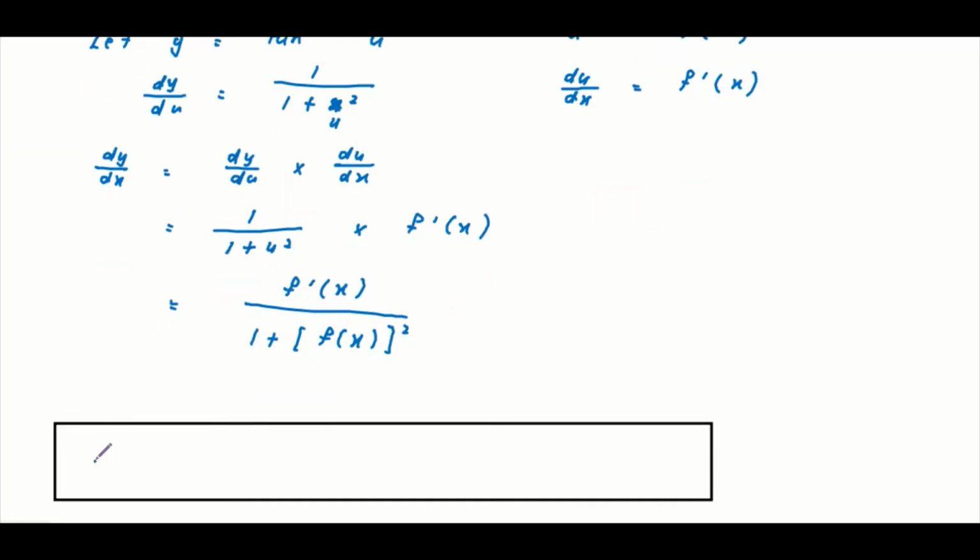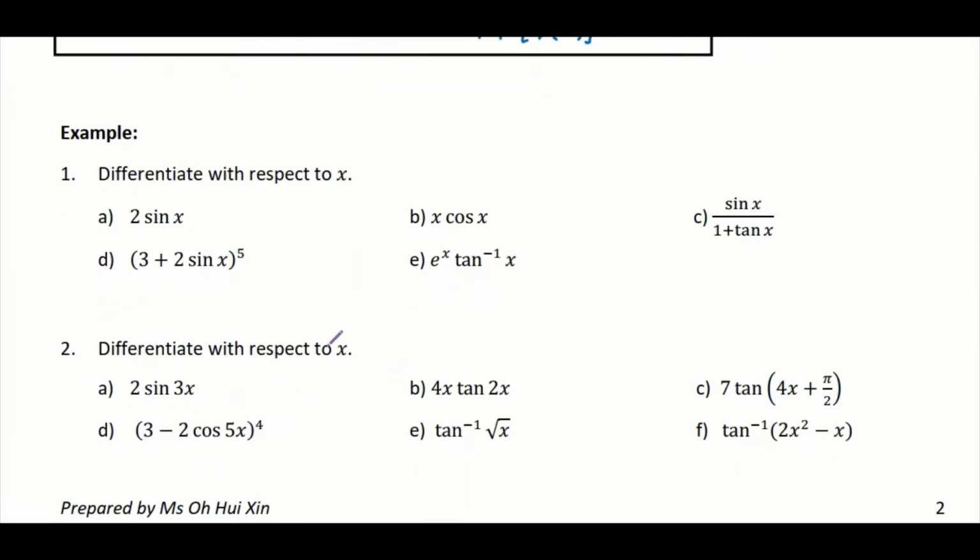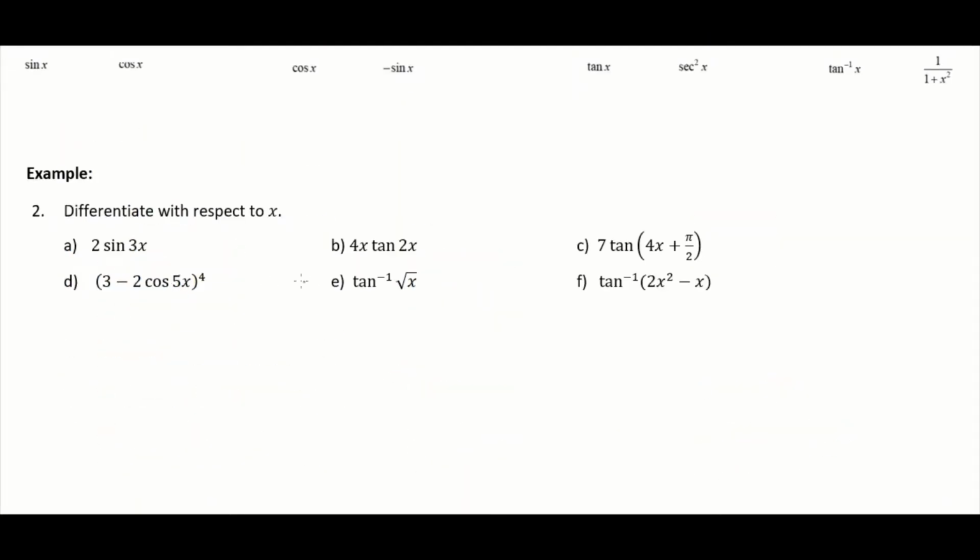If you have y equal to tan inverse f(x), then when you differentiate, you get f prime x over 1 plus f(x) squared. Now let's use it in the questions too. Let us write down the formulas we have learned so you can use them. So y equal to sine f(x).